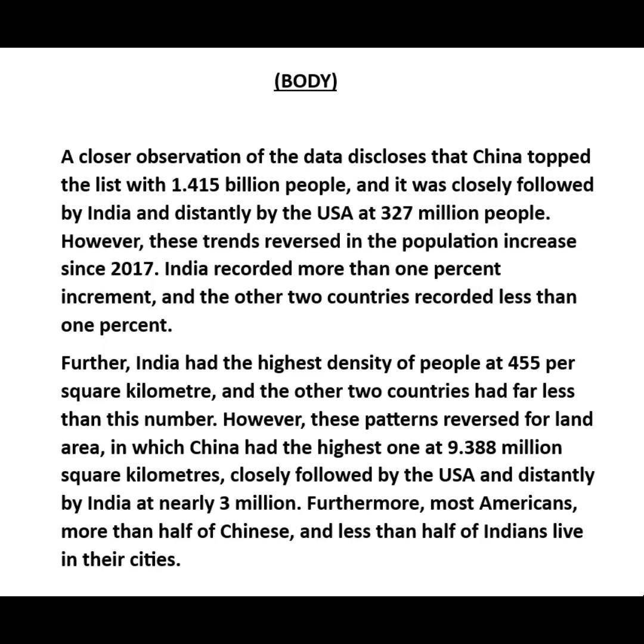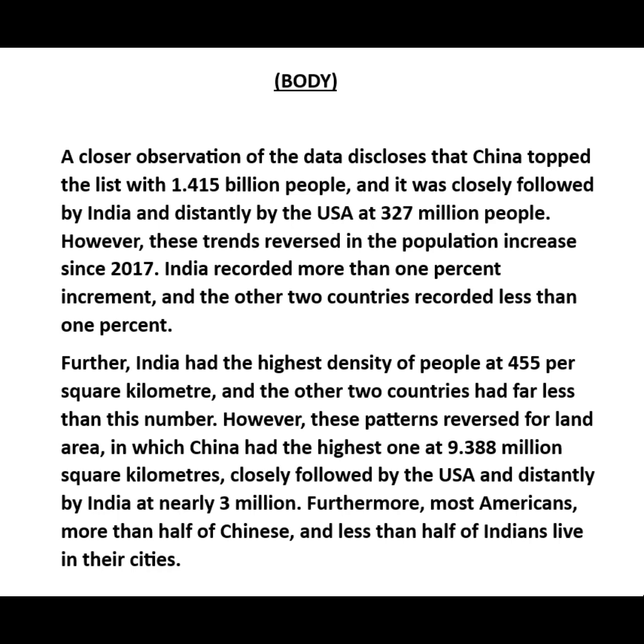Further, India had the highest density of people at 455 per square kilometer, and the other two countries had far less than this number. Very simple. However, this pattern reversed for land area. Pattern means trends, in which China had the highest one at 9.388 million square kilometers, closely followed by the USA.